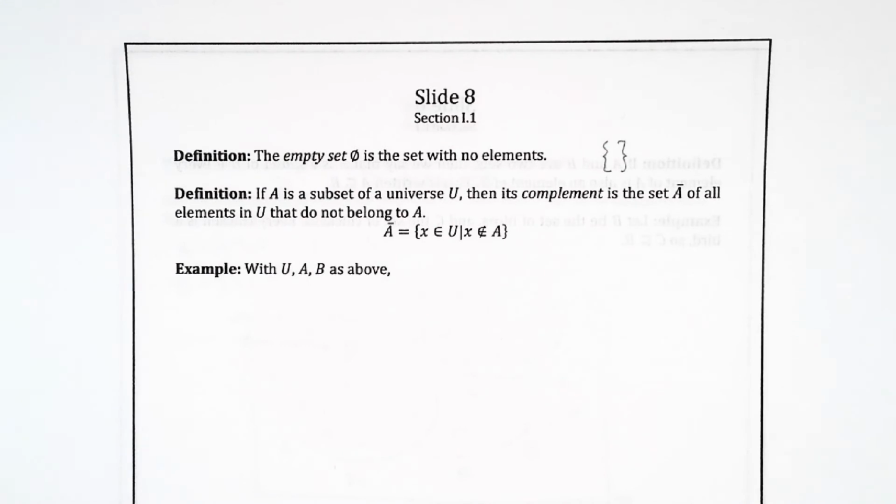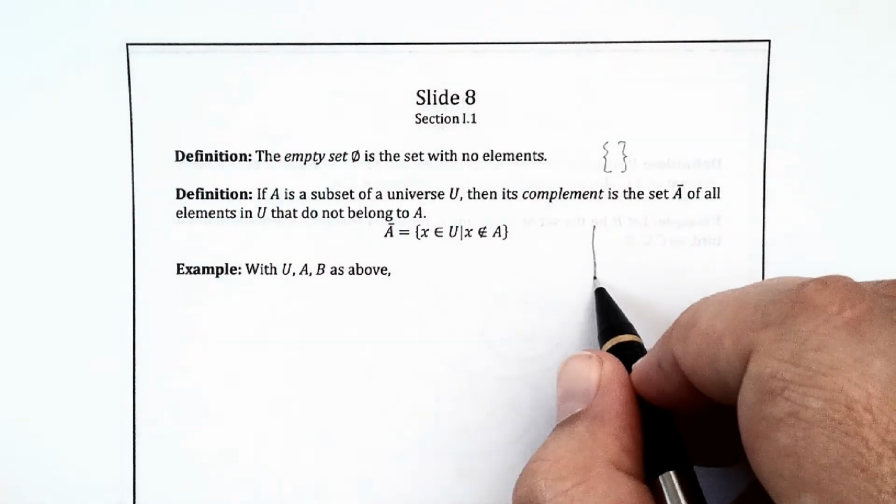Okay, so let's talk about the first of our operations. This is the complement of a set. If A belongs to a universe U, then its complement is the set A with a bar over it of all elements in U that do not belong to A. So it's the set of everything in U that is not in A. You can draw it as a Venn diagram as follows.